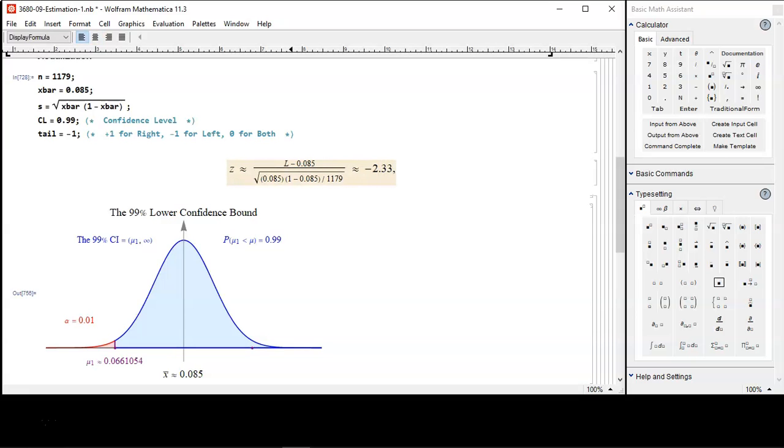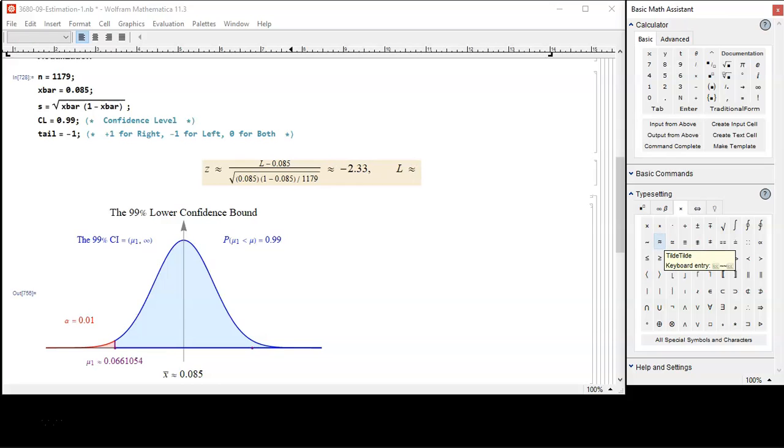And we can easily find what the L value is. Flip this denominator to the other side, and then flip this center to the other side. You get L is approximately equal to the center, 0.085, minus 2.33, the z-score, times the standard error.